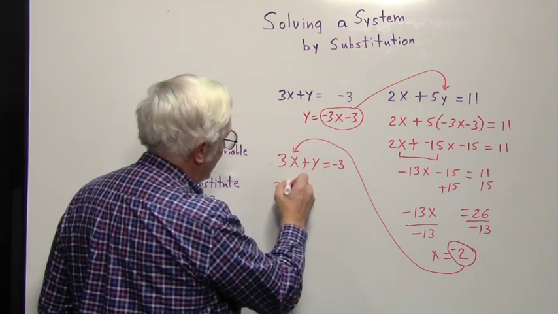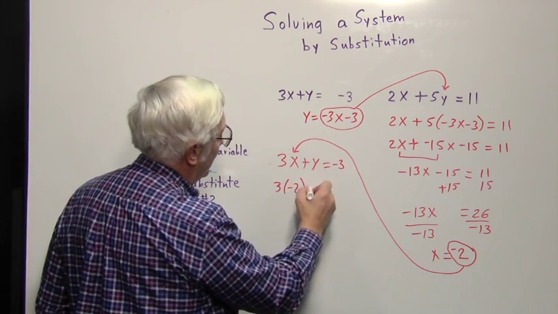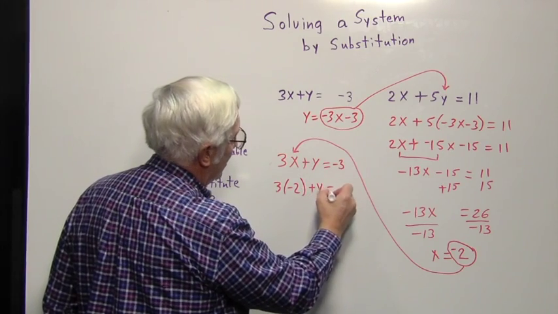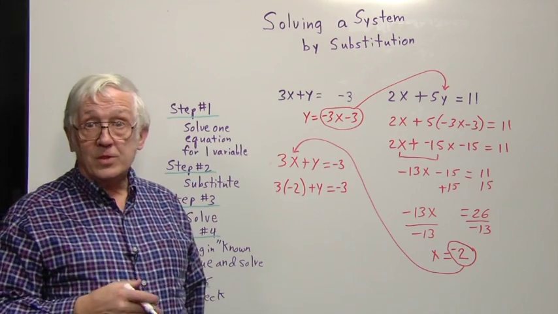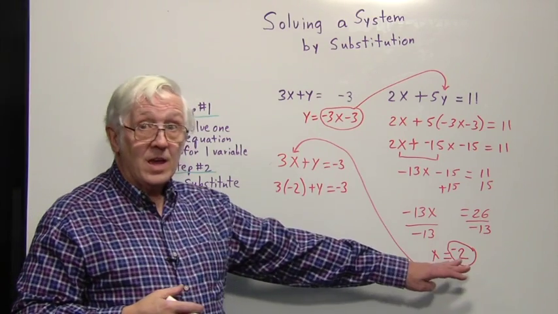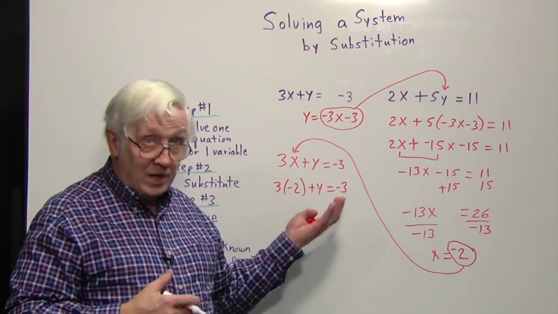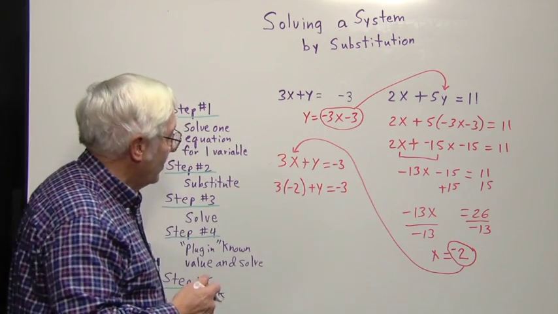So 3 times negative 2 plus y equals negative 3. Our goal is to this time solve for y. We already know the x.